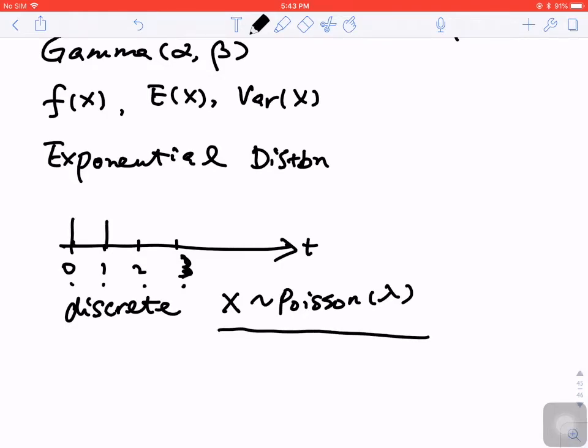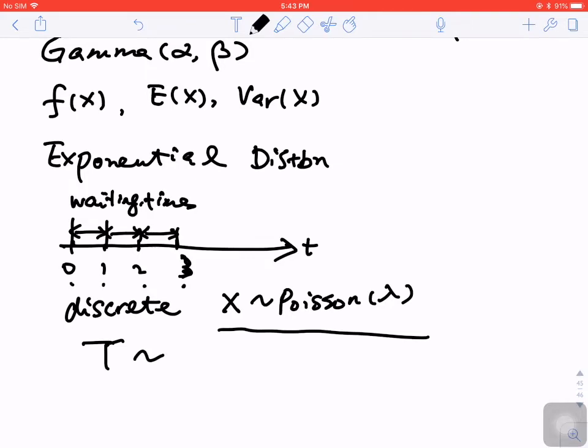But between every two events, we have a waiting time. Say the waiting time between the second and the third is T. This T is not the t distribution; it's the time, a random variable.